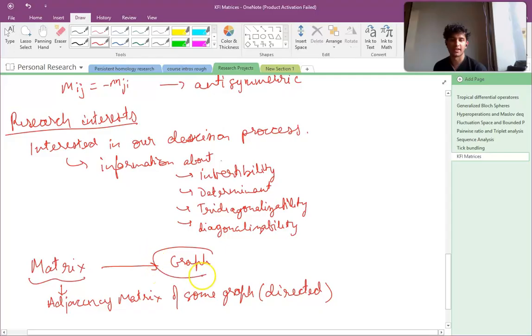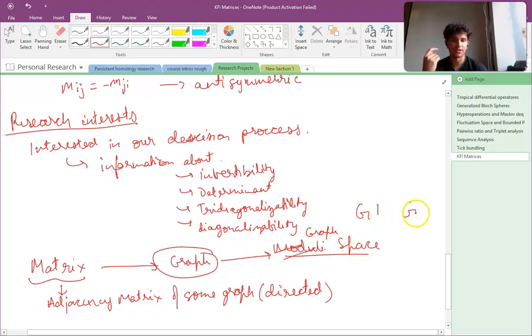Now, given this graph, we want to find the moduli space of our graph, if it even makes sense to talk about the moduli space. If it doesn't make sense to talk about moduli space, then just having a graph space would be more than enough to talk about how close two graphs G1 and G2 are similar to each other.